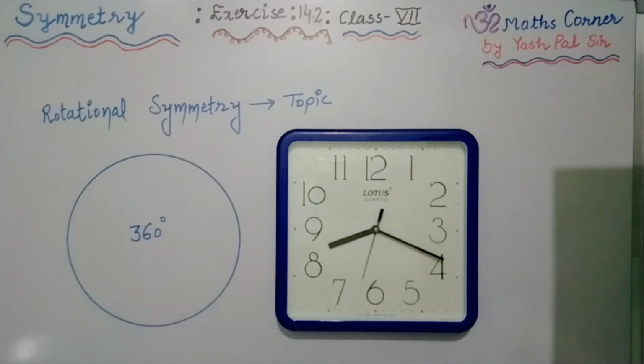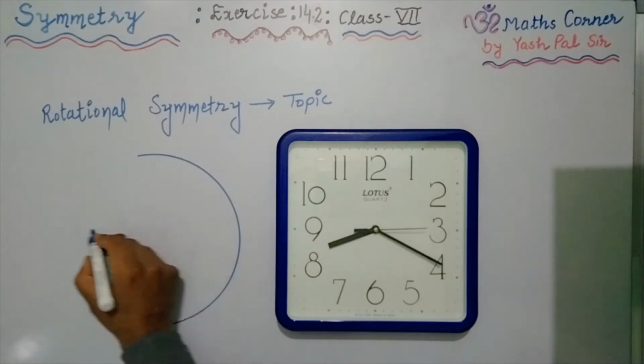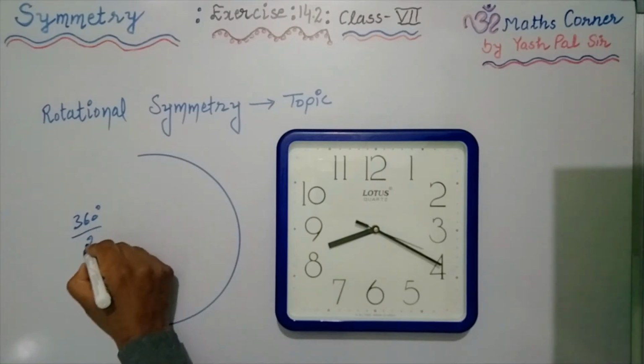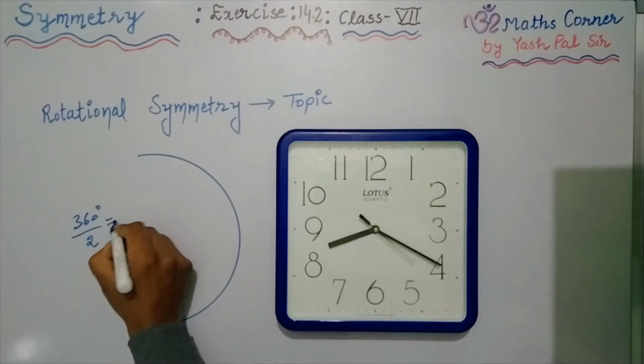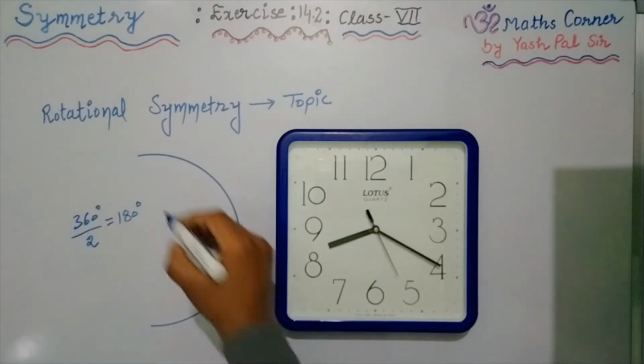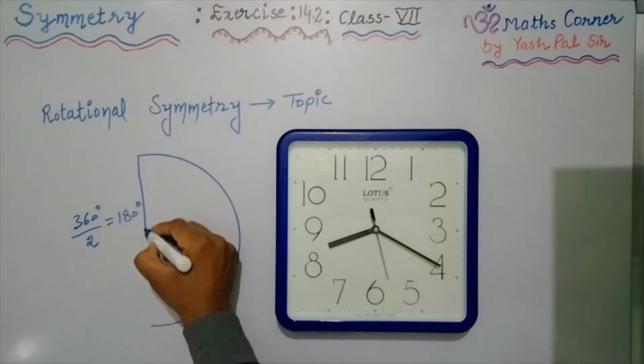Now a half circle, this rotation is half of 360 degrees, that is equal to 180 degrees.